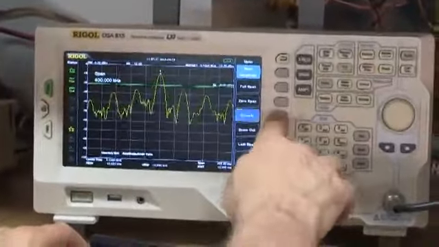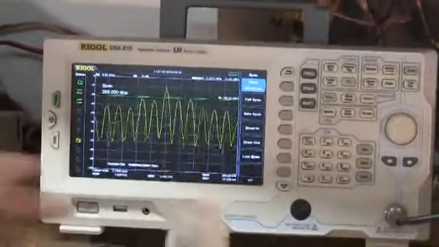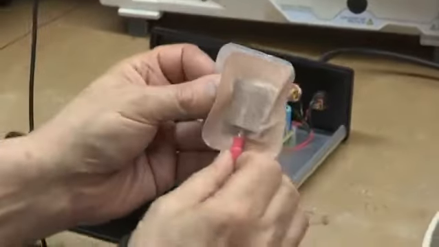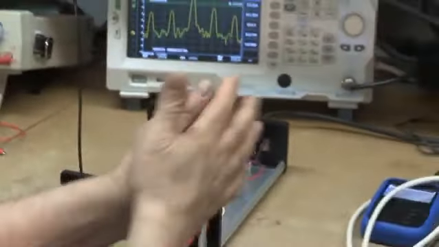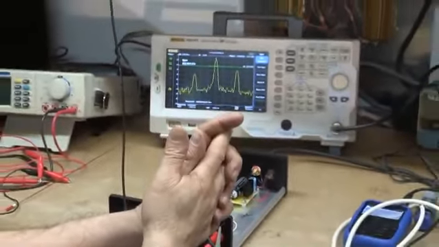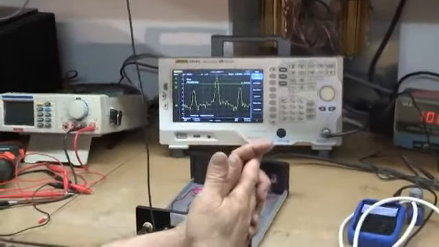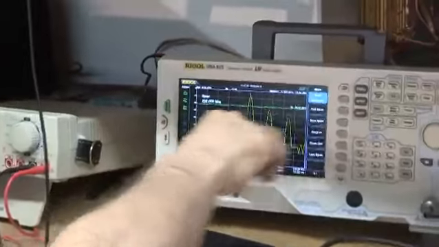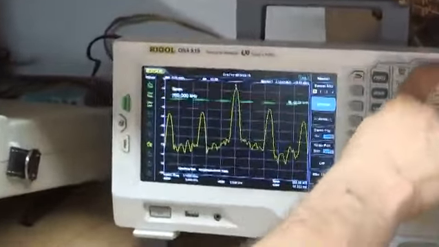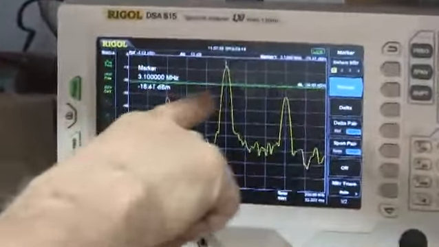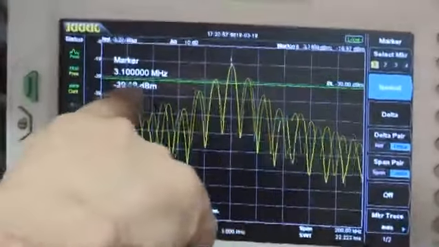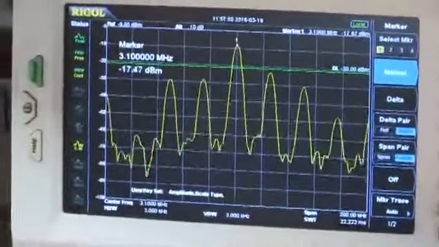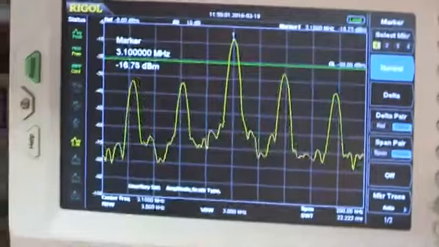So we'll zoom in, and we'll get these so that we get a nice wave, see? And it says the span's at 200 kilohertz. So mark it. Notice the fundamental frequency is not changing at all, even though it's being pumped.